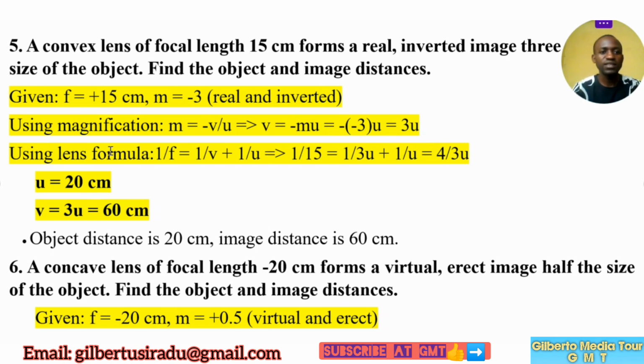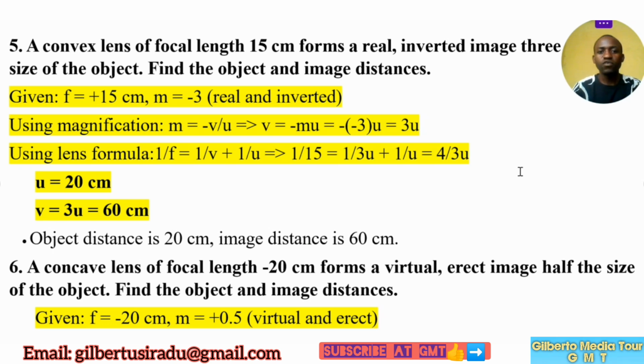It's just to apply the formula related to magnification, then use the lens formula. Then we see that v equals 3u, and the image distance is 60 centimeters. Object distance is 20 centimeters, image distance is 60 centimeters according to the calculation.